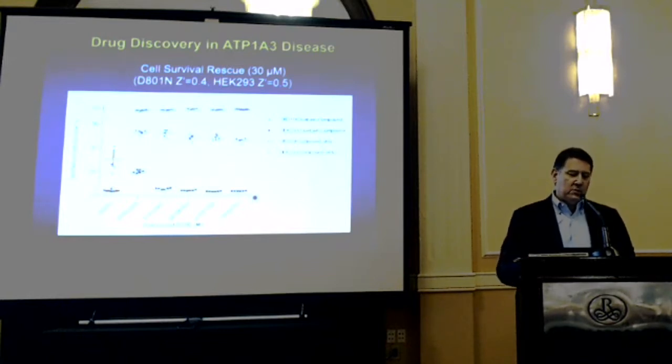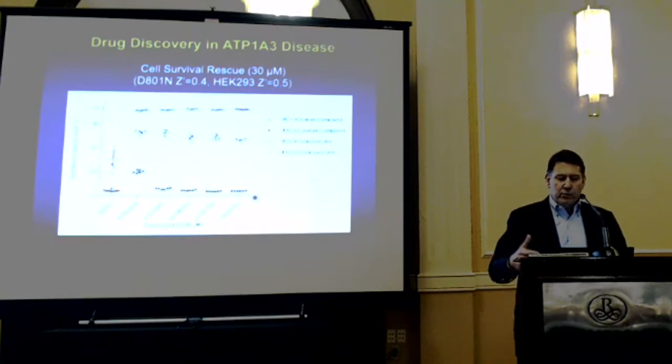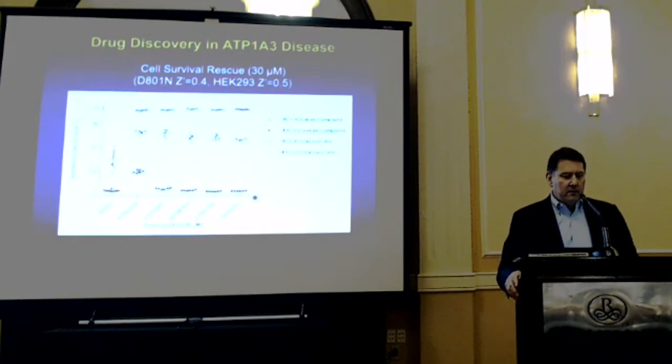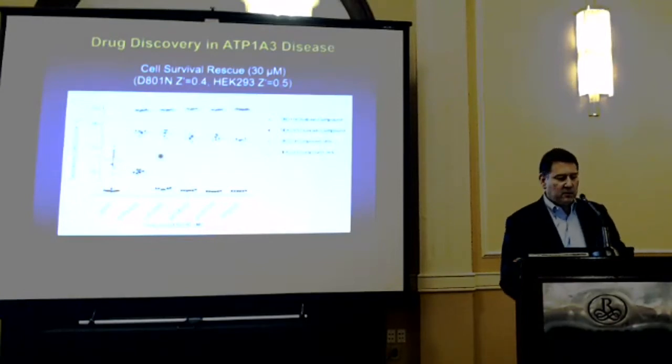We first of all used a screen that is kind of crude, but it does inform us as to whether the cells have active sodium-potassium ATPase activity. We can render them susceptible to death when we expose the cells to ouabain, and then we can pre-treat the cells with a compound we think activates ATP1A3 and test them again.